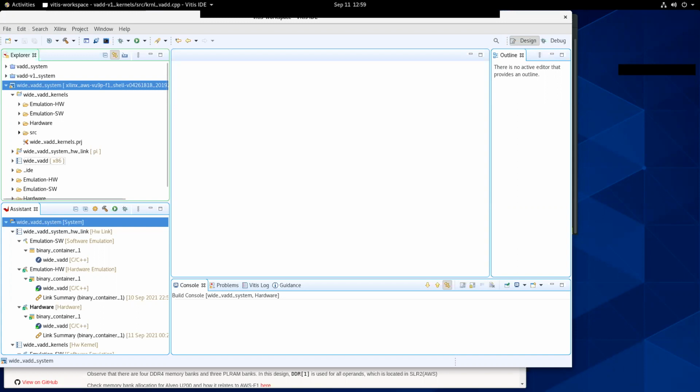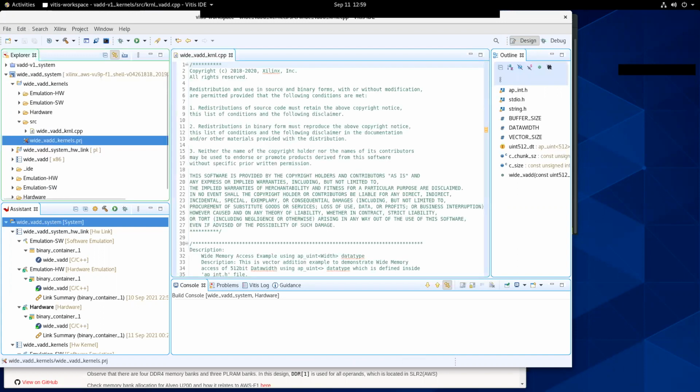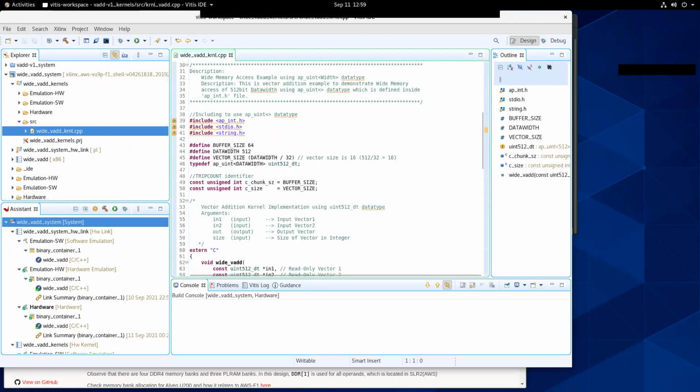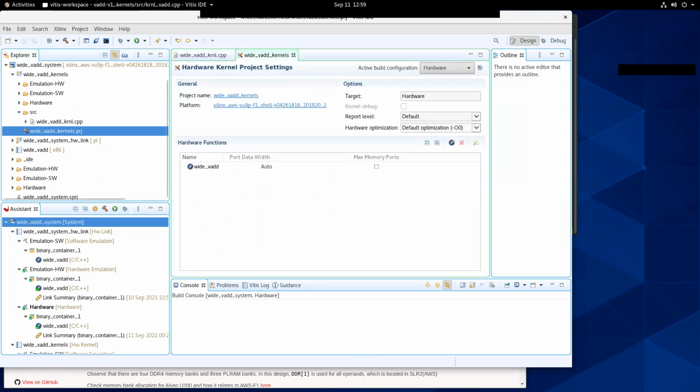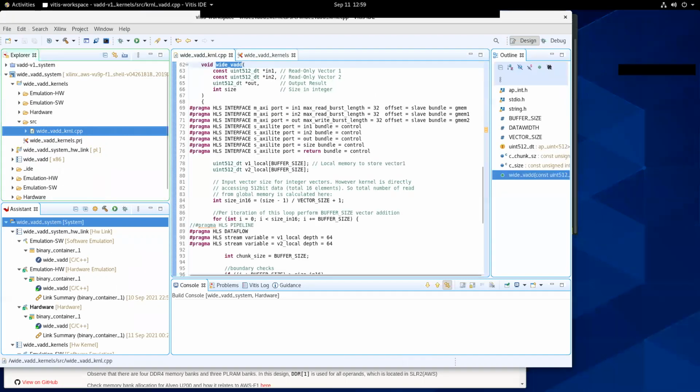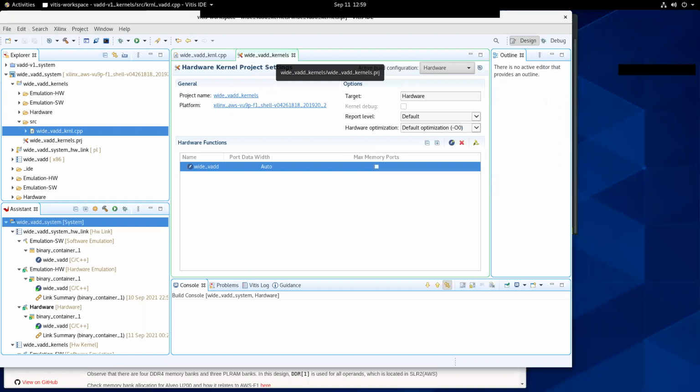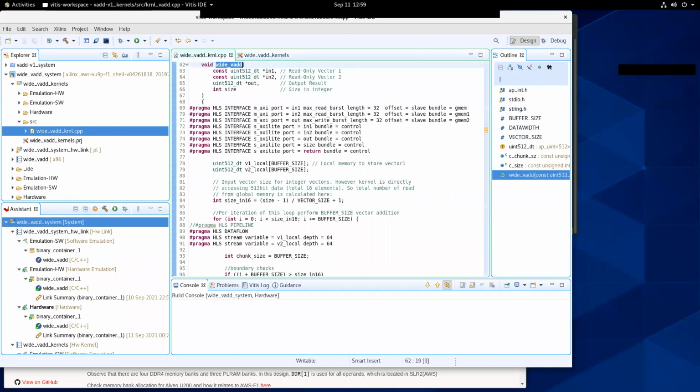This is the kernel code. It is possible for us to configure so that we can read 512 bits or 16 data elements at a time from the DDR memory.